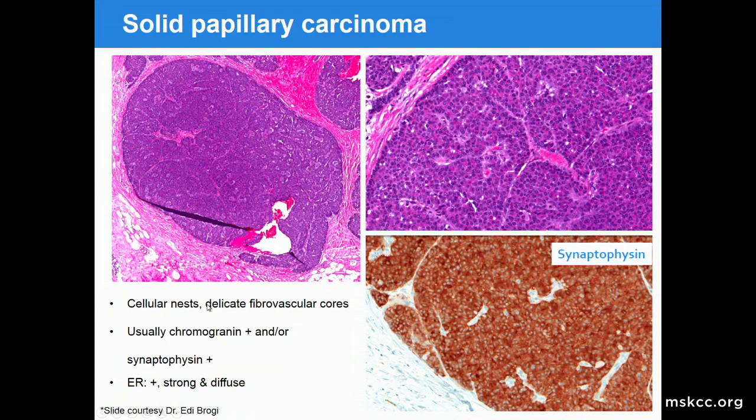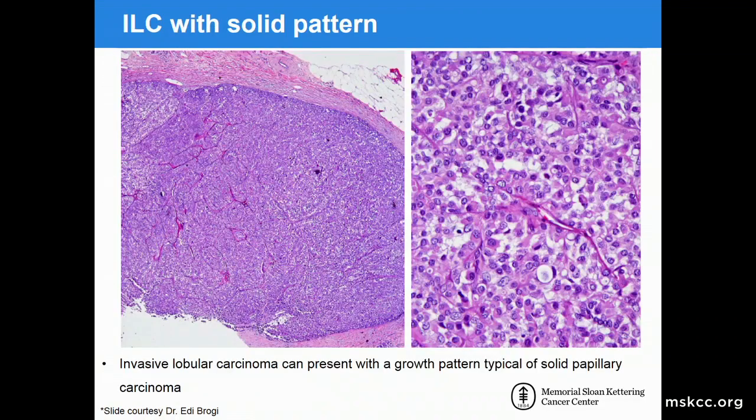They're usually chromogranin positive and/or synaptophysin positive, and again, ER-IHC will show this positive staining that's strong and diffuse. Now this definitely looks a little dissimilar from the case that I showed, but as I mentioned, if you had more of this solid proliferation, invasive lobular carcinoma can actually present with a growth pattern typical of a solid papillary carcinoma.